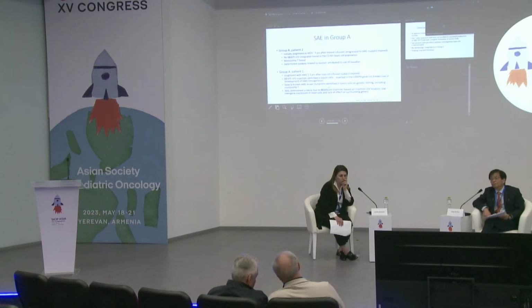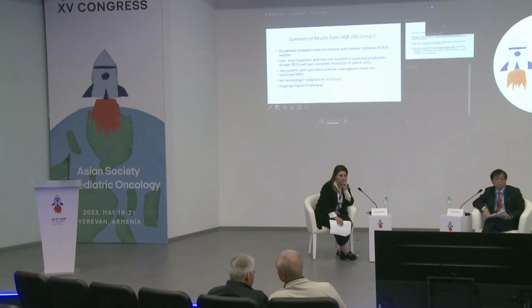AML was ultimately determined unlikely to be due to the lentiviral vector insertion, based on the insertion site location, low transgene expression, and the lack of effect on surrounding genes.